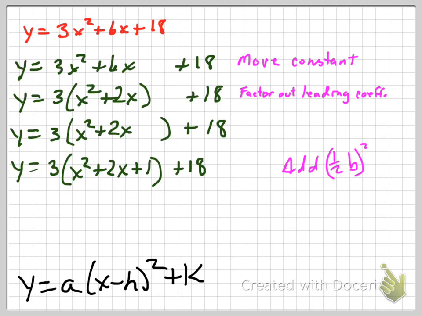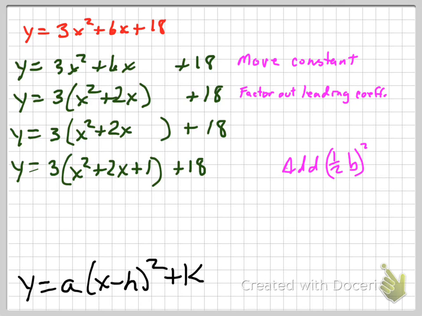But you can't just add something to one side of an equation. You either have to add it to the other side, which I don't want to do because that left side looks really good being just y, or subtract it from the same side. If I'm going to add 1 to the right side, I'll just take 1 away from that side. But it's not really a 1. What I added to that right side isn't a 1.